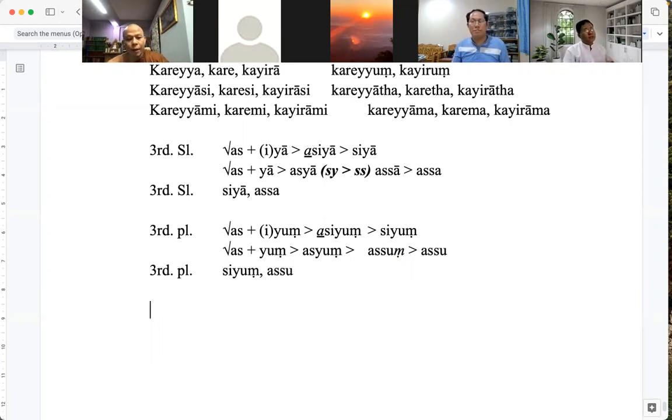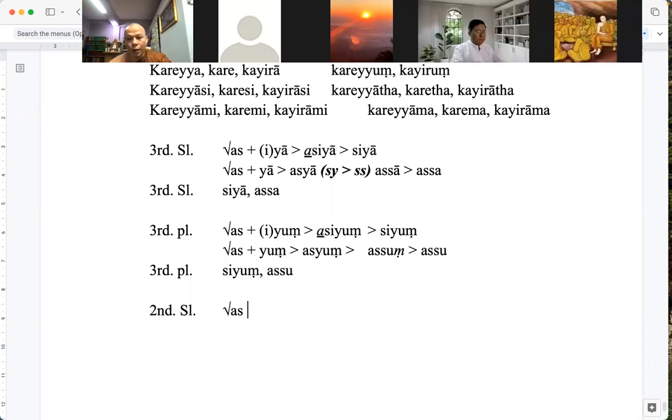And then for second person singular, so root is as.